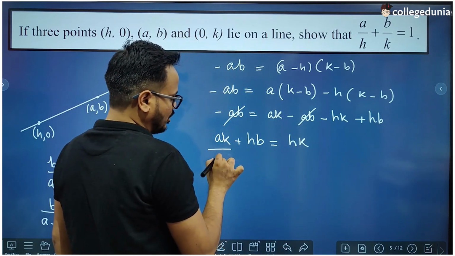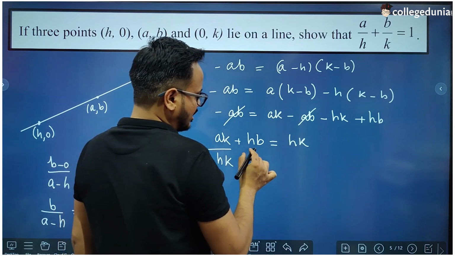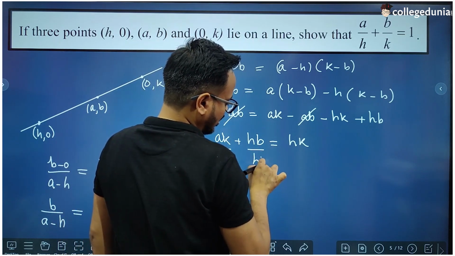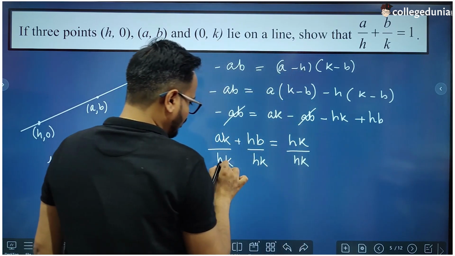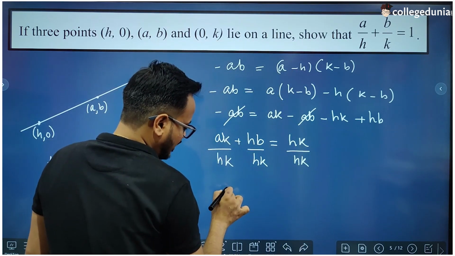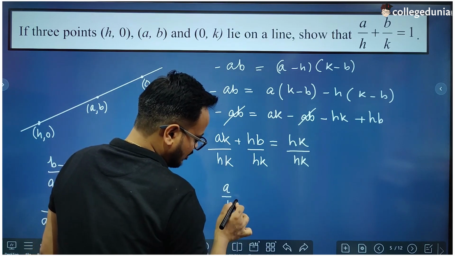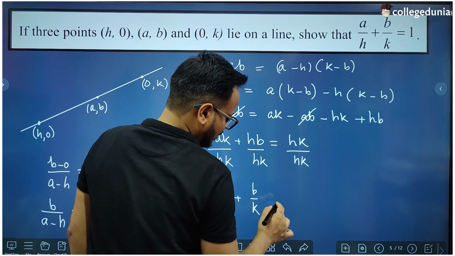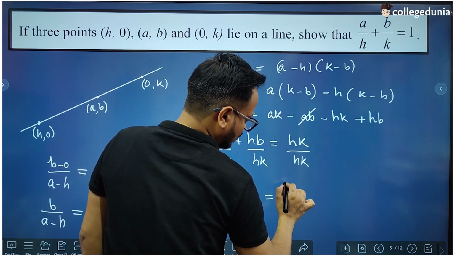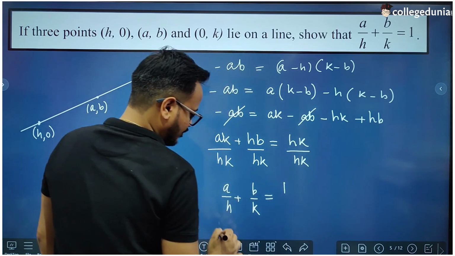Now if we divide this whole equation by hk, so k cancels with k, we will get a by h plus b by k equal to 1.